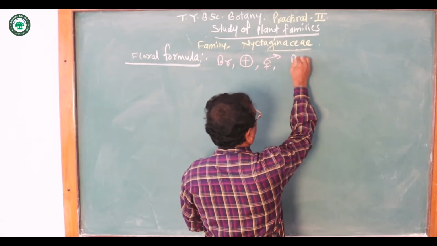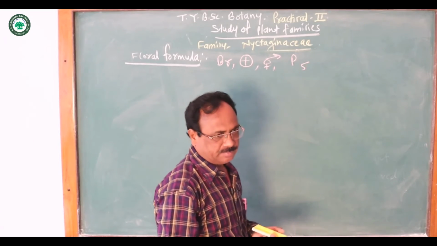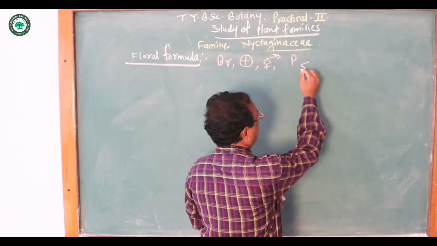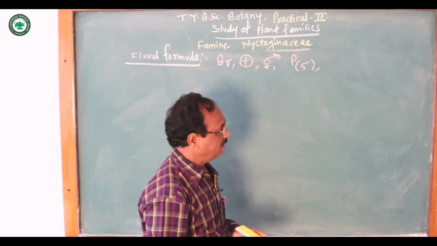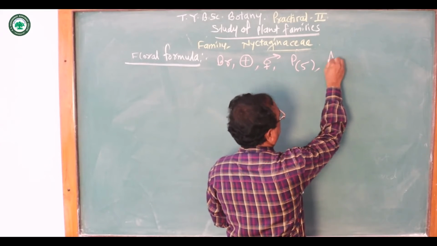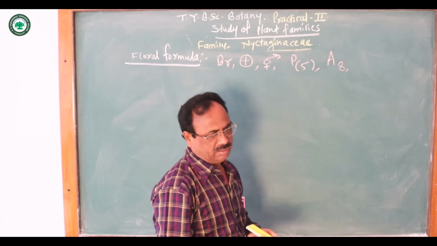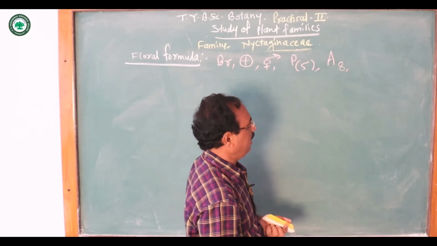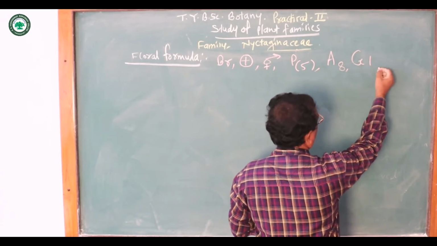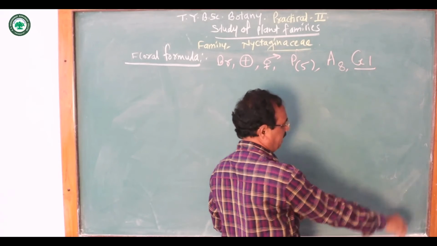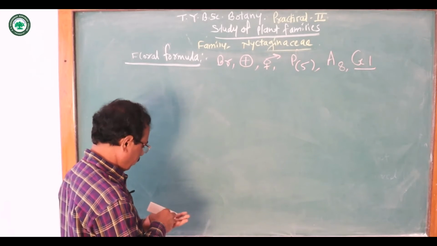The perianth lobes are 5 in number. They are united, that is gamophyllous, so they are written in brackets. The androecium is 8 in number in this family, particularly in a plant like Bougainvillea spectabilis. And the gynoecium consists of one carpel with a superior ovary. So this is the floral formula.